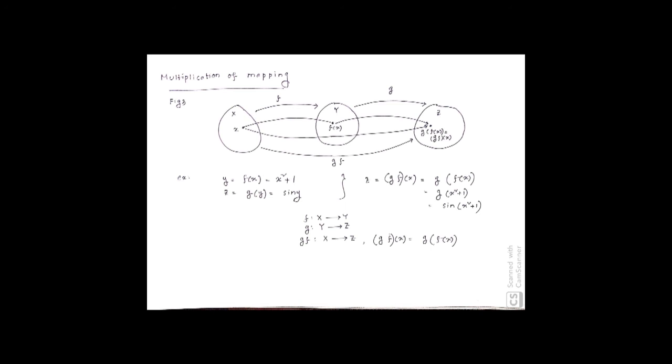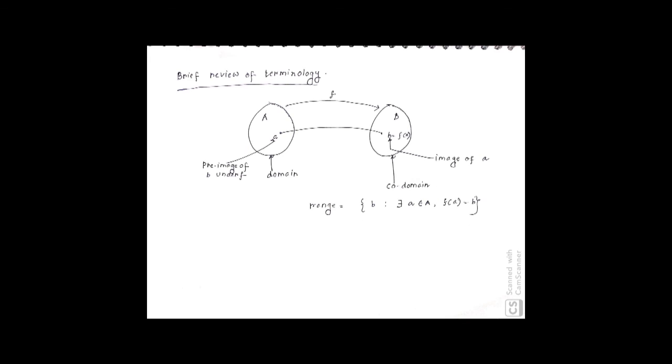So we give a brief review of the terminologies which we have introduced. The first thing is a function. We have a set A and another set B. The function is from A to B, and it takes an element small a from this capital A to an element small b in capital B. We say the set capital A is the domain of the function f.